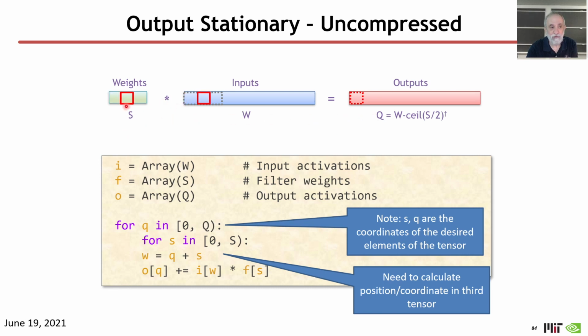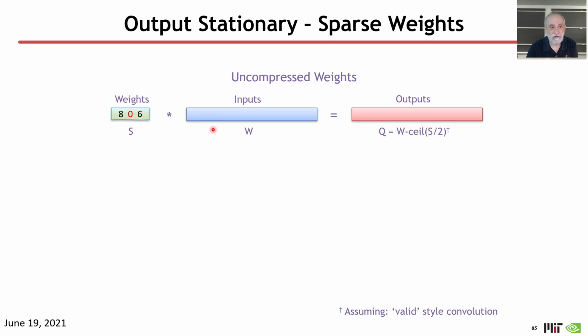We then move to the next filter weight, next input, contribute more to the partial sum in the output, look again at the last weight and the last element of the window in the input activations, and we complete the sum. We then slide the window over and work on the first weight, the first input activation in the window, and start a partial sum, then move to the next, and so on.